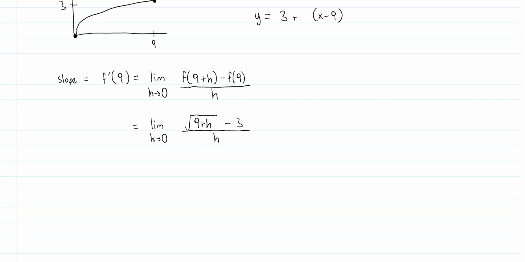Now this is giving us a 0 over 0 indeterminate form. So to get around that, I'm going to multiply numerator and denominator by the conjugate of the numerator.